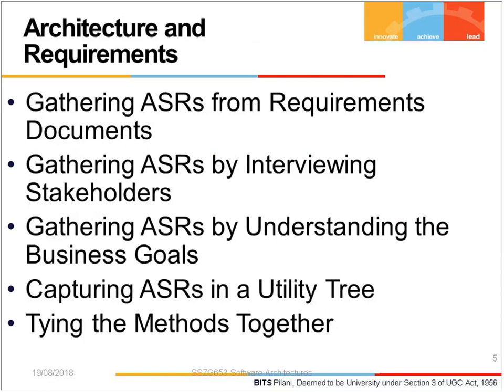Least of all, you don't get them on an order letter from a customer, nor does the customer call you and sit with you and tell you these are architecturally significant requirements. There will be a lot of requirement documents. The customer will give you a lot of information about what functional requirements are there, how these are to be executed, and you have to read between the lines.